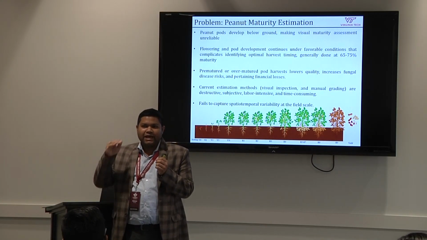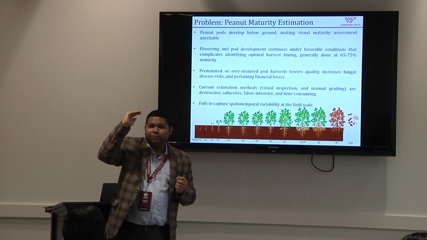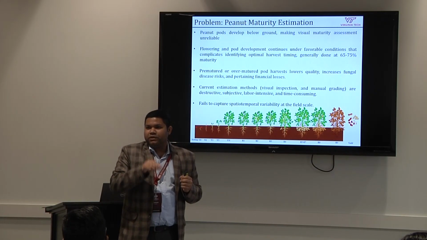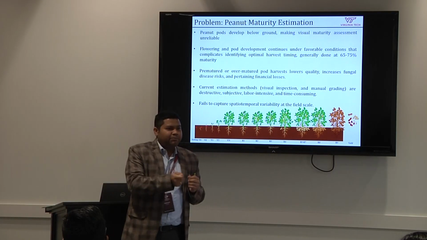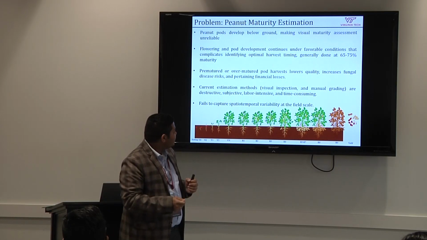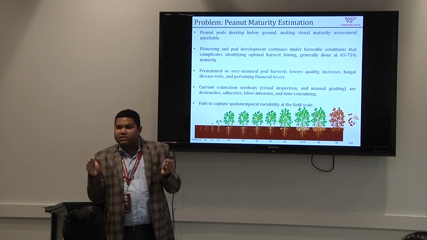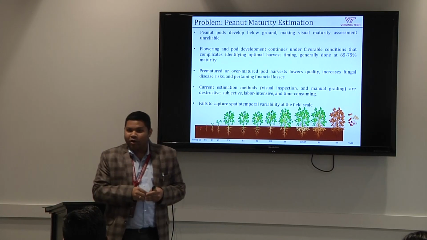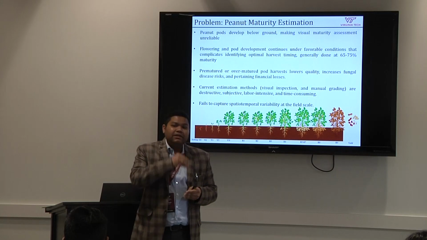It has exocarp, the outer layer, mesocarp, the middle layer, and the endocarp, the inner layer. They want to remove the exocarp using that pressure water, and that exposes the actual color of the peanut pod, which ranges from white, yellow, orange, brown, black, and that tells the maturity status.